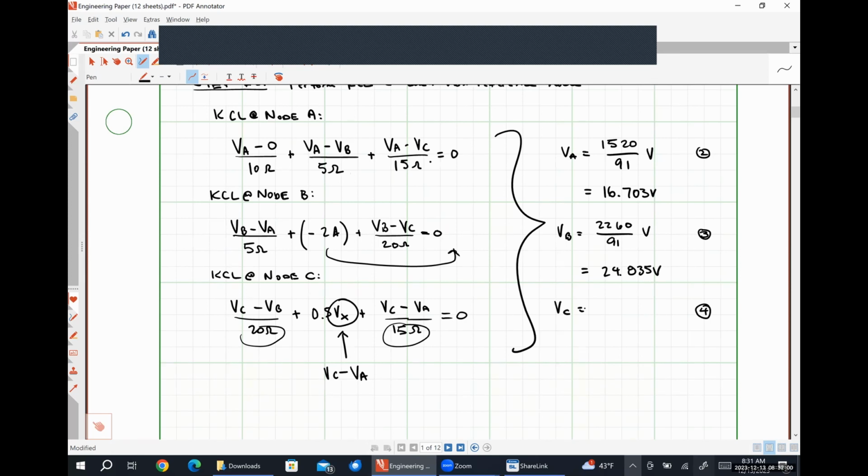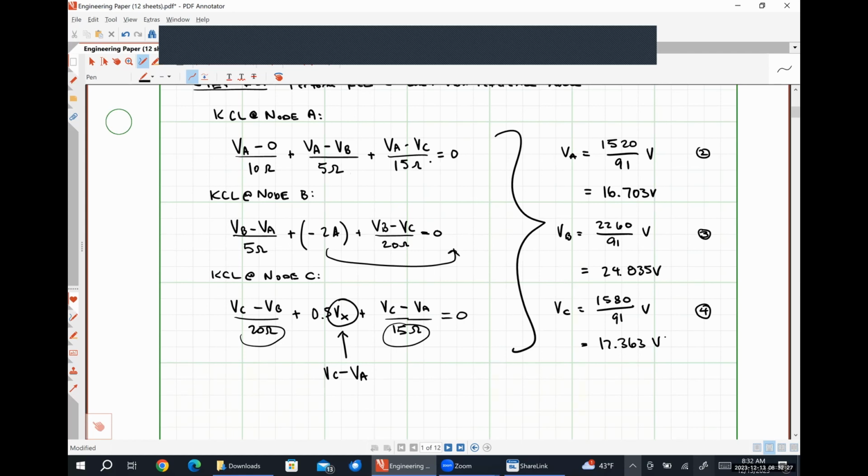And VC was 1,580 over 91 volts, or 17.363. Anybody else get those results? All right.